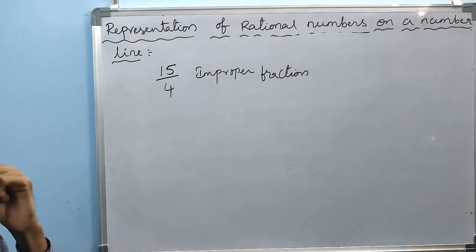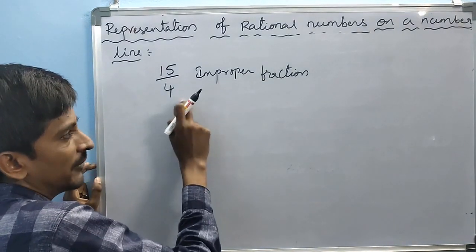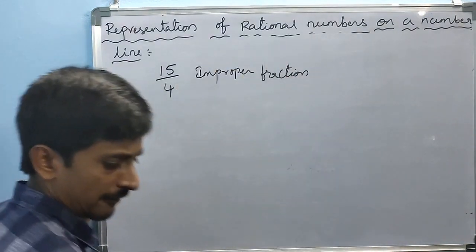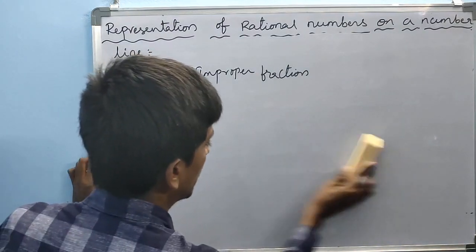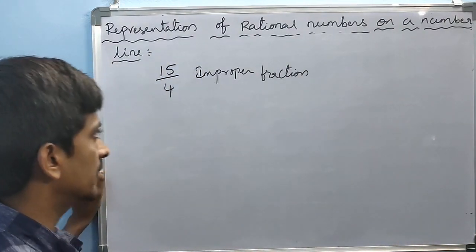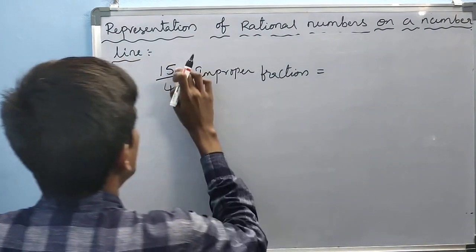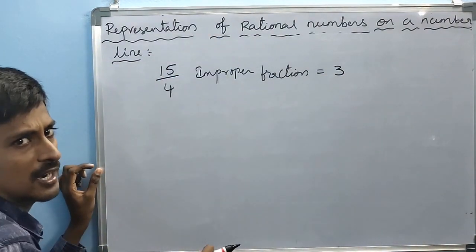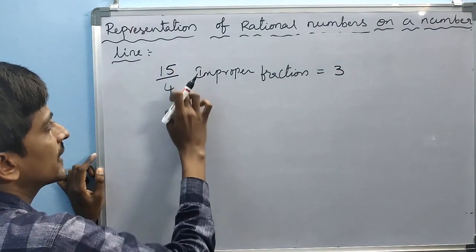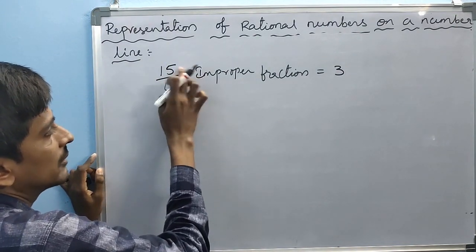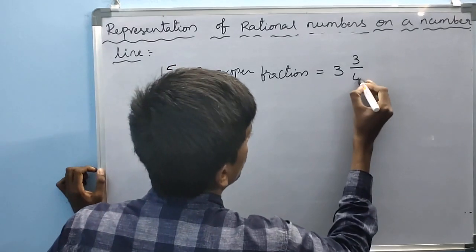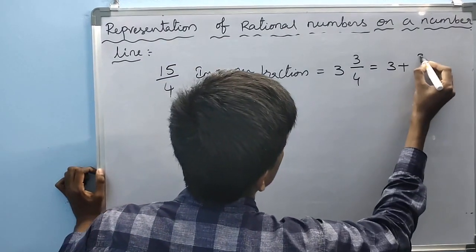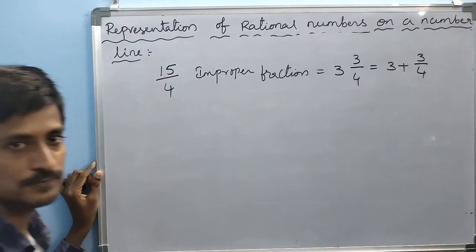This is how to find it. Every improper fraction can be converted into a mixed fraction first of all. So, for how many times? 4 3s are 12, 4 4s are 16, which is more than 15. So 4 3s are 12. 15 minus 12 is 3, so 3 by 4. So, 3 plus 3 by 4.